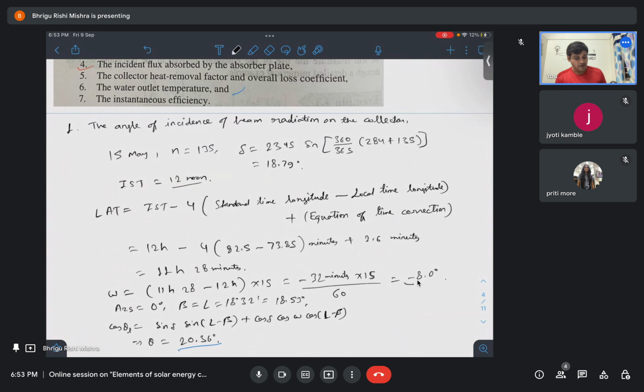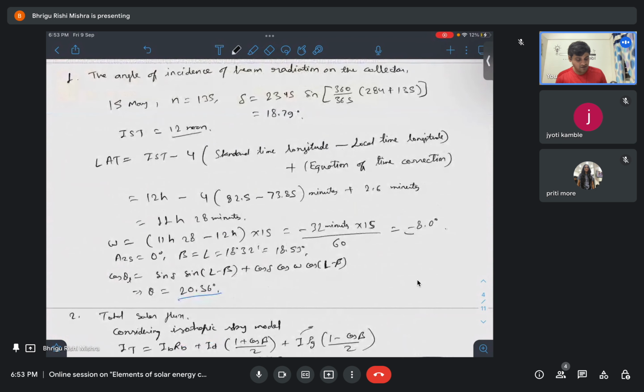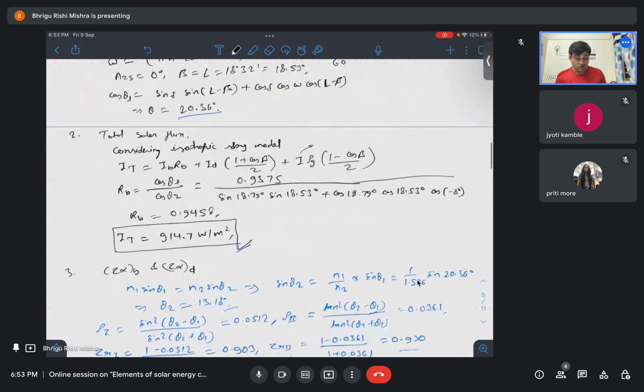That means the calculation of angle of incidence, the calculation of total solar flux on the tilted plane, and then transmissivity and absorptivity of the flat plate collector. Then we calculated the useful radiation absorbed by the absorber plate. Then we calculated heat removal factor and overall loss coefficient using iteration.